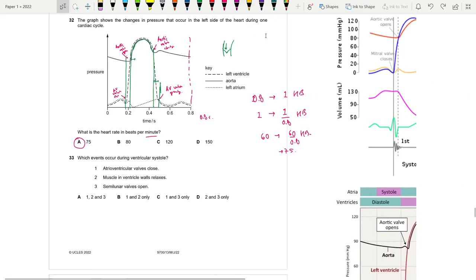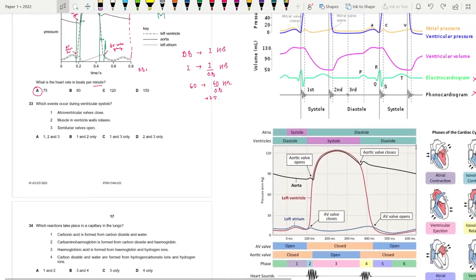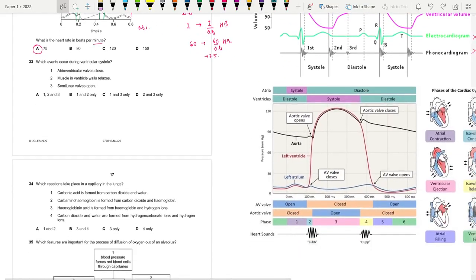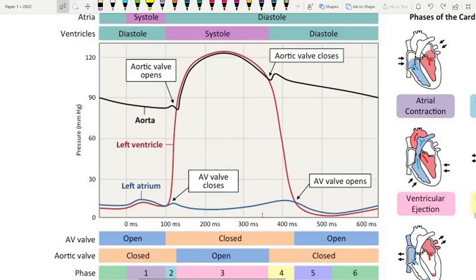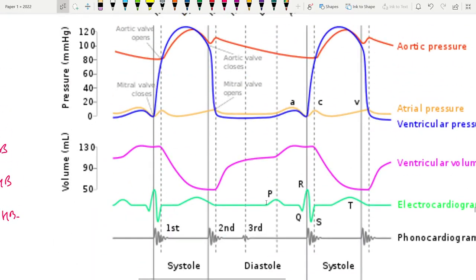Okay. So let's take a look at these diagrams now. So this is the region where both are closed. This is also the region where both are closed. Okay, and the ventricle is full here, but it's kind of empty here. Okay, so let's see.